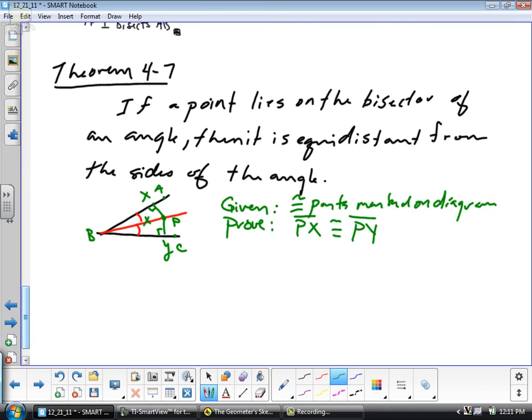So angle, angle, side: triangle PXB is congruent to triangle PYB. And this would mean that PX is congruent to PY, because corresponding parts of congruent triangles are congruent.